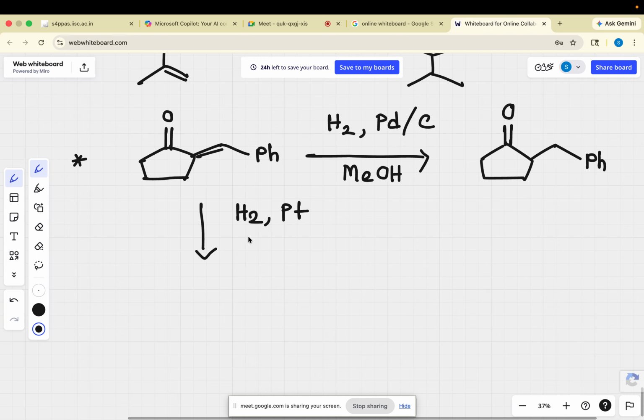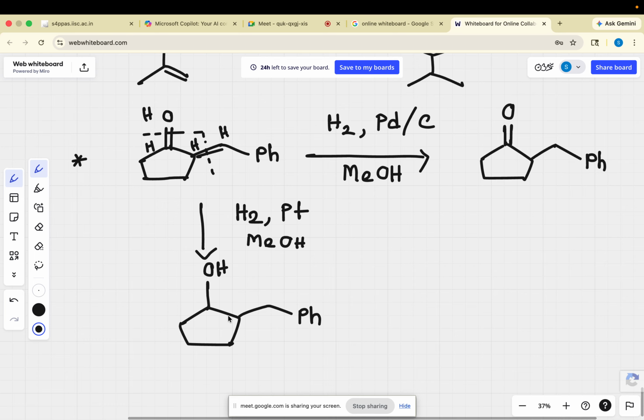But see now, if we change the metal, suppose you have hydrogen and now I am using platinum, the solvent is the same, methanol. We are only changing the metal, from palladium on carbon to platinum. So what will happen? The double bond will be reduced, as well as the ketone group, and you will get an alcohol. Here both are reducing: you are adding 2 hydrogens at the double bond, and 1 hydrogen here and 1 hydrogen there.